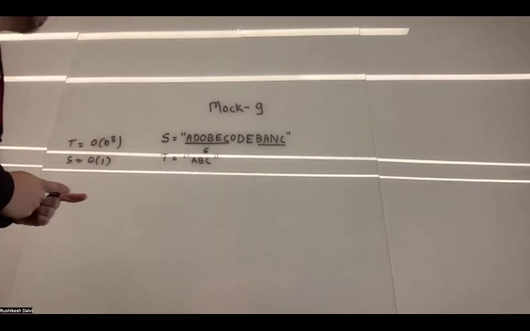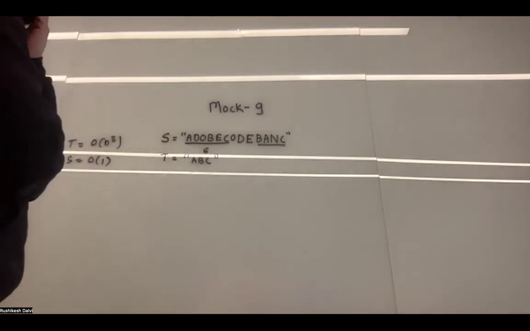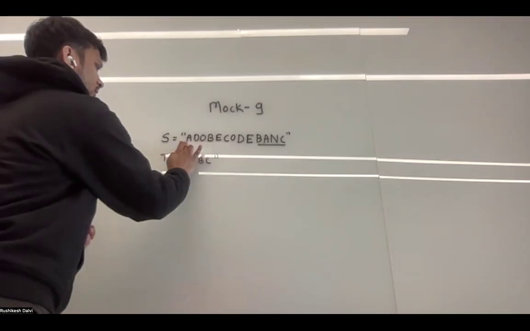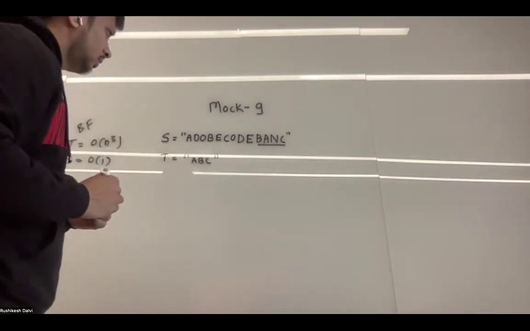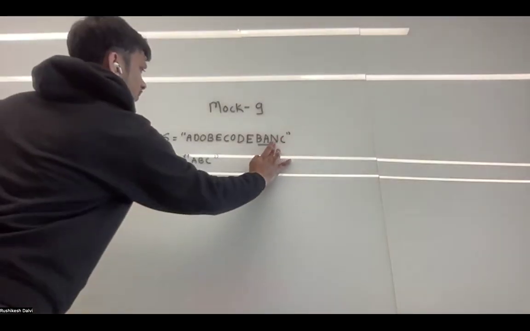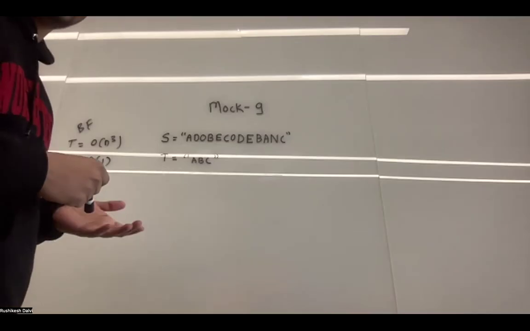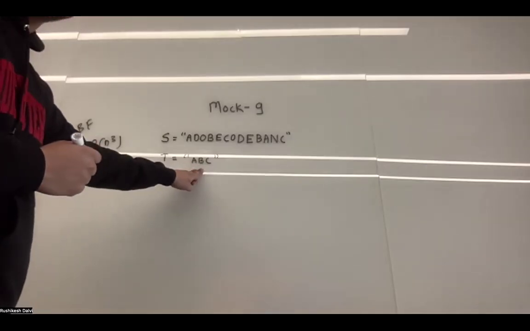If I try to optimize this, I can create one hash map and calculate the frequency of each character in my T string.